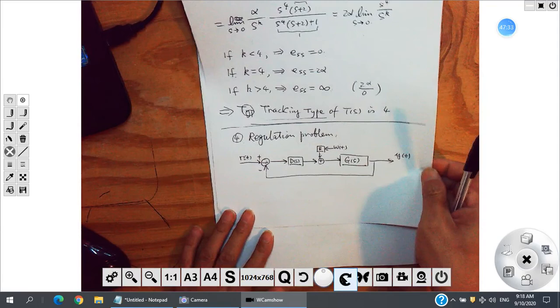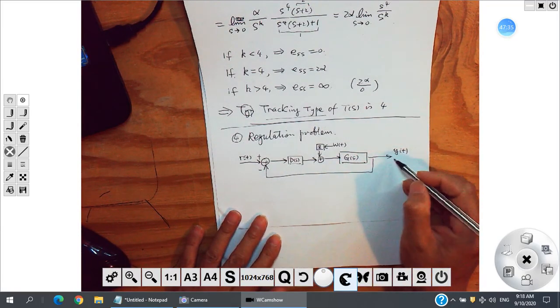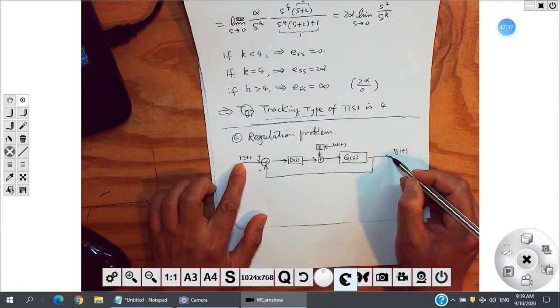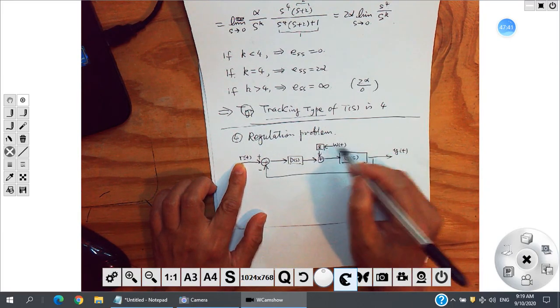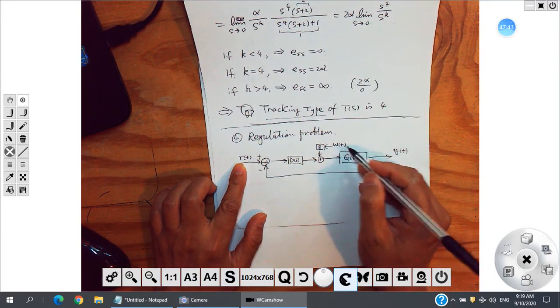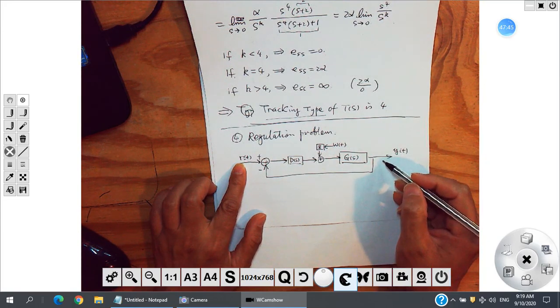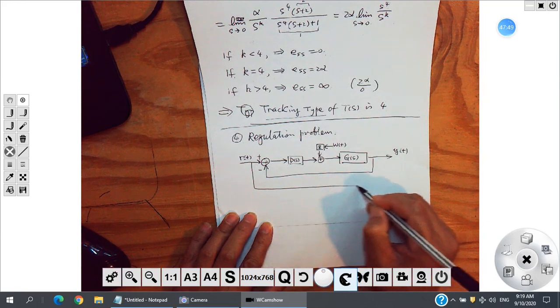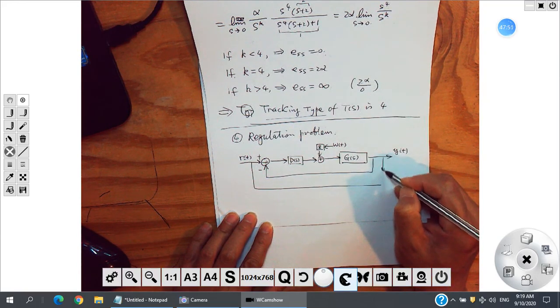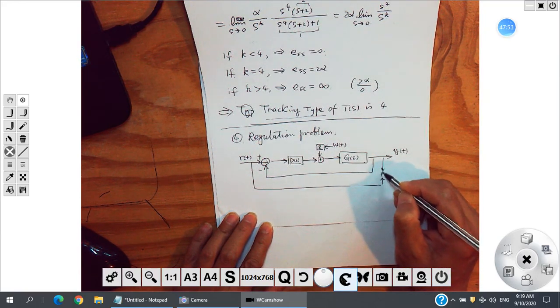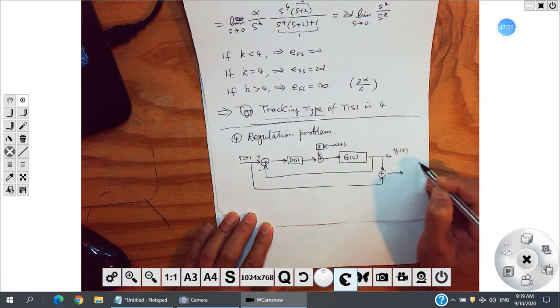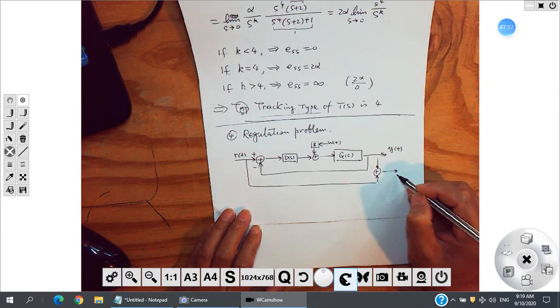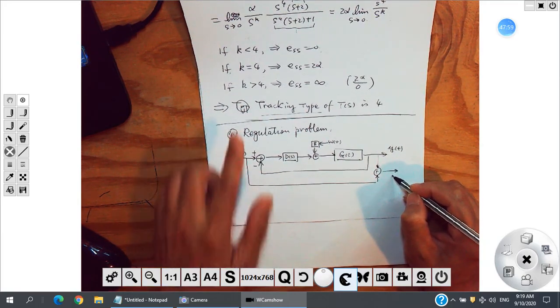Then we want Y close to the reference, but because of this noise, maybe you cannot reach the reference. So we want this. Here I still use E for error. This is different from the previous problem.